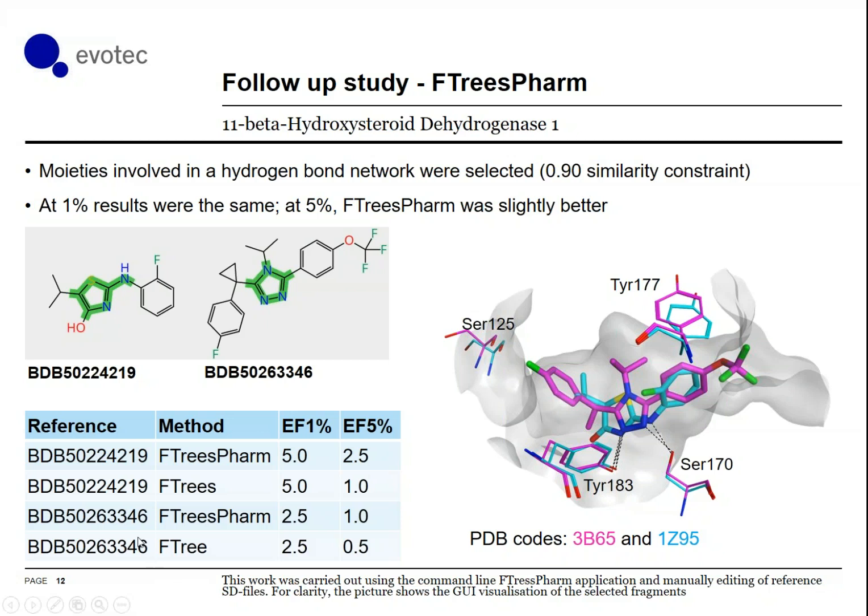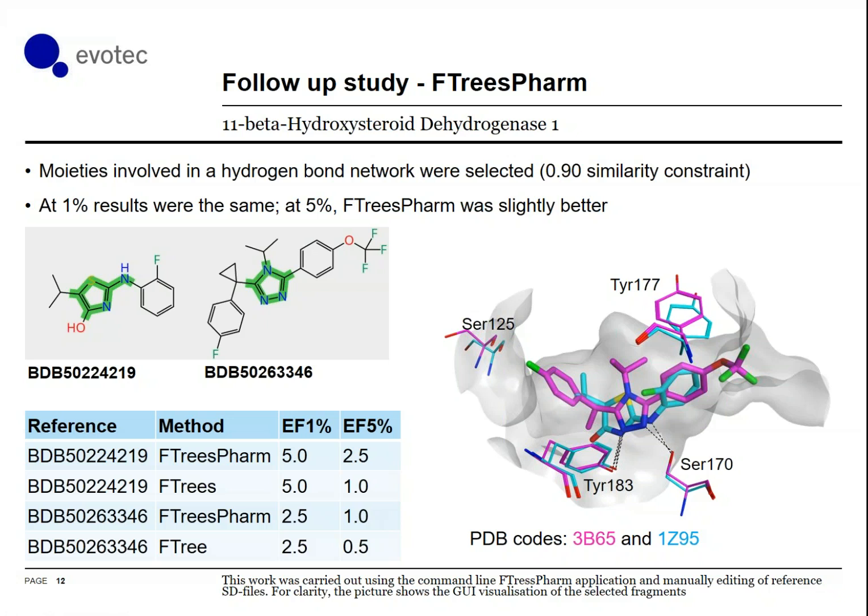And in the second case, the bottom 2 rows, you can see that once again the enrichment factor at 1% is identical, 2.5, while at 5%, with FTrees alone, I had 0.5, which, again in this case, is below a random selection. And with FTrees-FS, I had obtained a value of 1. I wouldn't necessarily call this a meaningful improvement because 1 is, again, comparable to random.